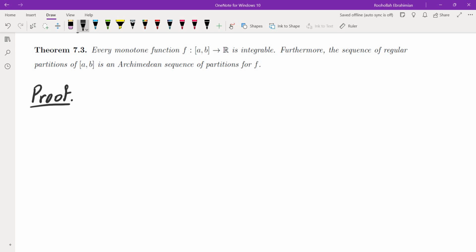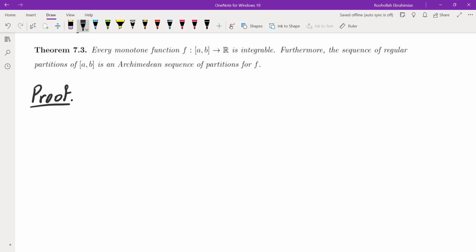So that's an interesting theorem. Every function that is increasing or decreasing is in fact integrable. Furthermore, the sequence of regular partitions is an Archimedean sequence of partitions for f.